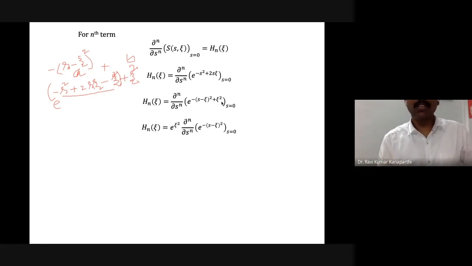Therefore, that is a constant with regard to the partial differentiation with regard to s. So this e to the power z square can be written outside the partial differentiation notation. I hope that you are following. And then dou to the power n by dou s to the power n multiplied by the remaining term, you can write down as such.